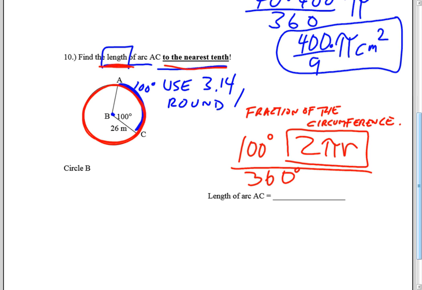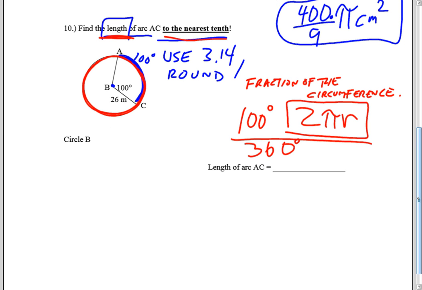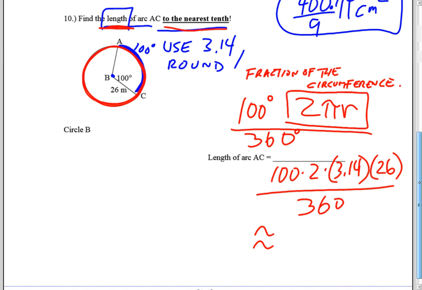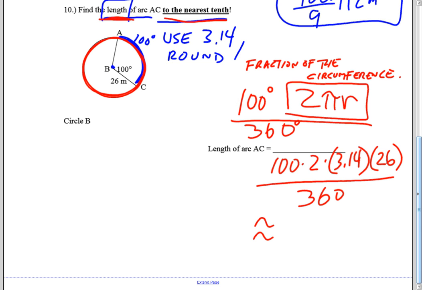This says to the nearest tenth, so I want to substitute stuff in and round. 100 times 2 times 3.14 this time, times a radius of 26, all divided by 360. I'm going to round. What is it? 100 times 2 times 3.14 times 26 divided by 360. 40.